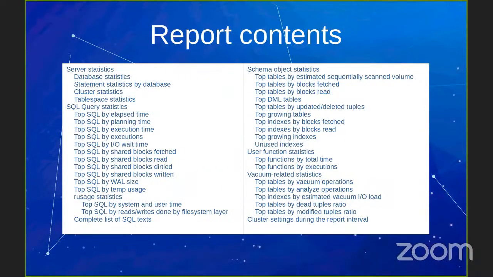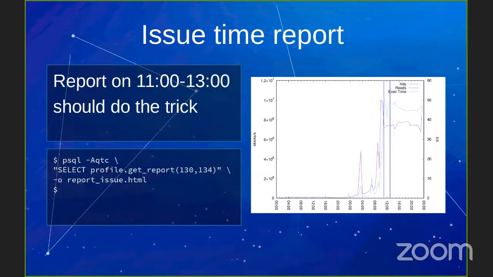As you can see, the report is quite informative and its examination is quite interesting. Thanks to the monitoring system, we know the exact time when the issue was happening. So we'll build a report on the 11 a.m. to 1 p.m. time interval.